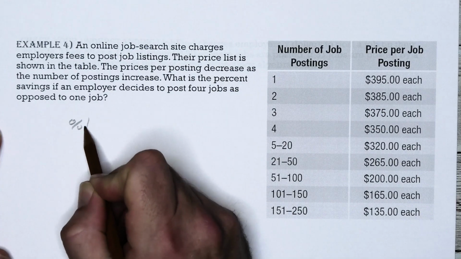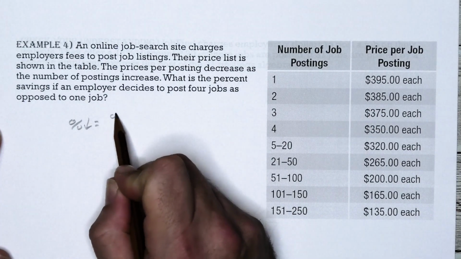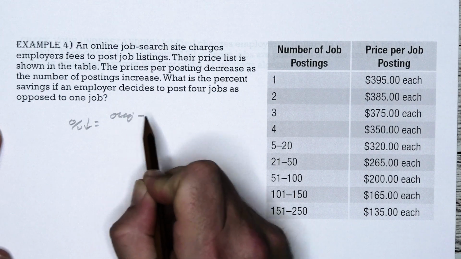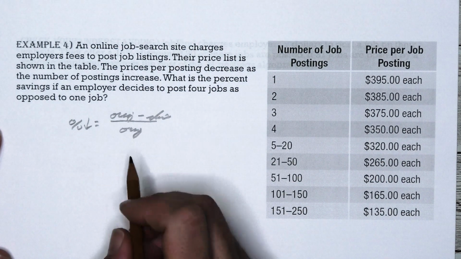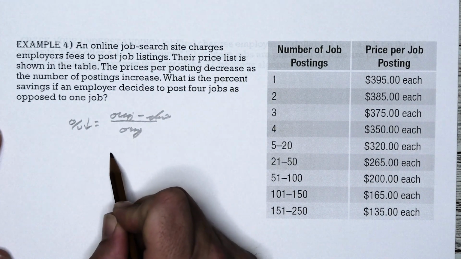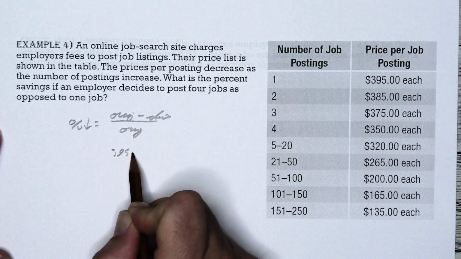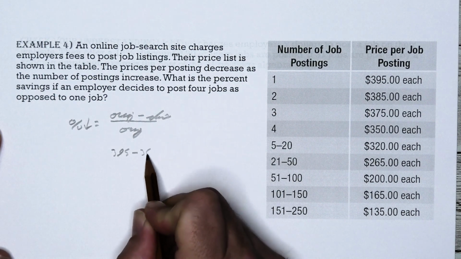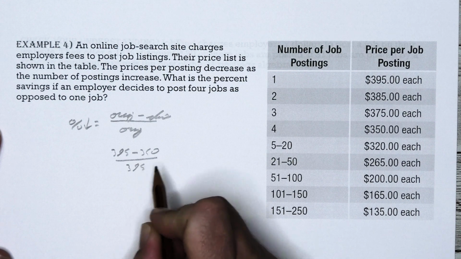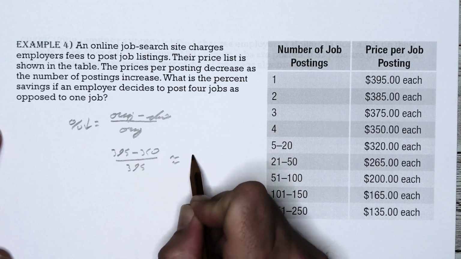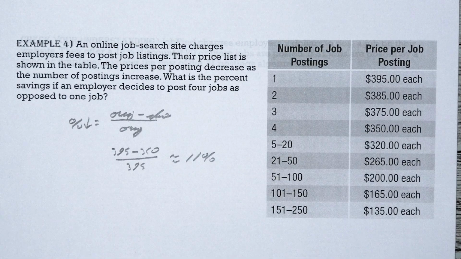So our percent decrease would be equal to the original price minus the discount divided by the original. So in this case, we're going to be looking at 395 minus 350 divided by 395. This is going to give us approximately 11%. So the employer gets to save 11% per posting.